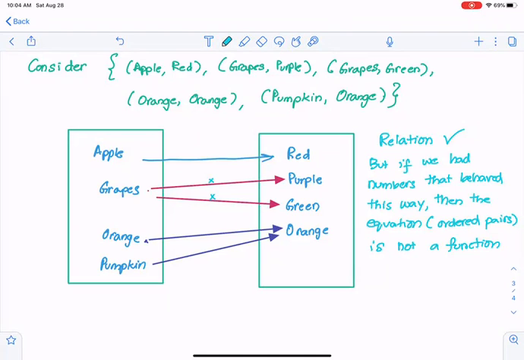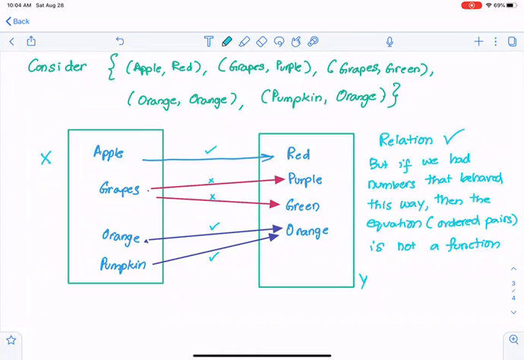This is fine, that is fine, that is fine. But the middle two, not okay, because if these are the x values and those are the y values, 1 x can go to 1 y, and that is a requirement. 1 x cannot go to 2 y's.